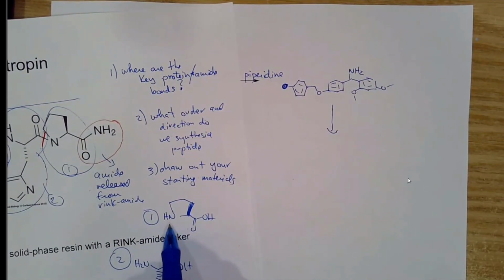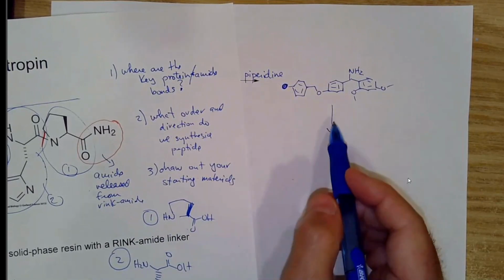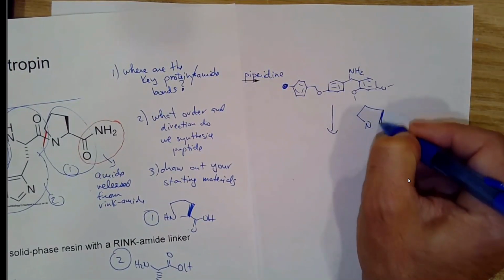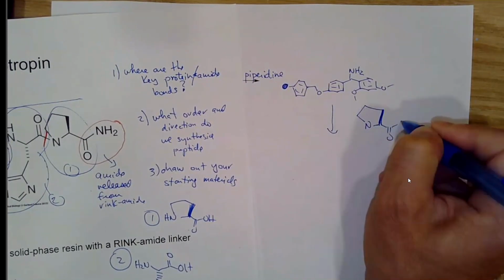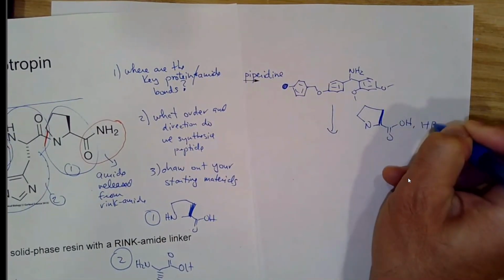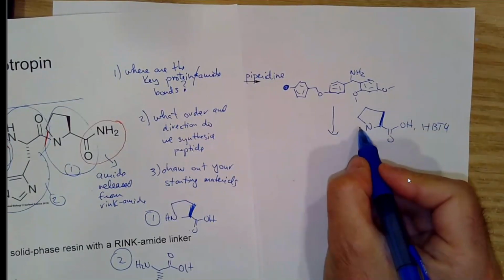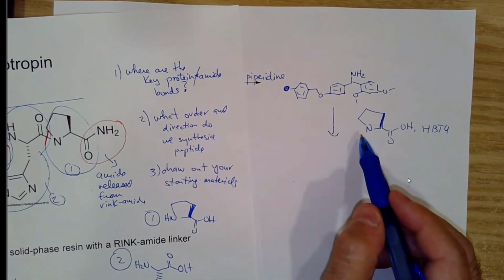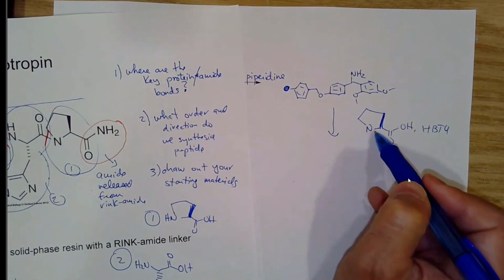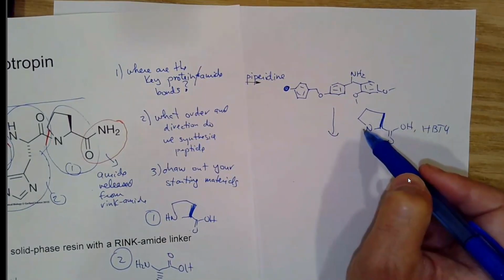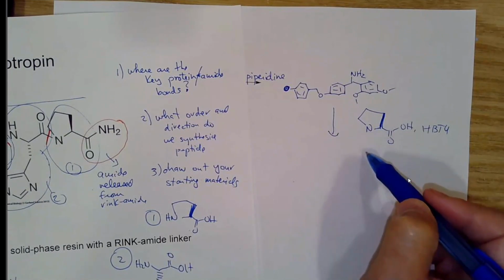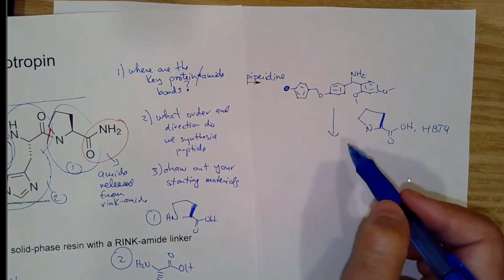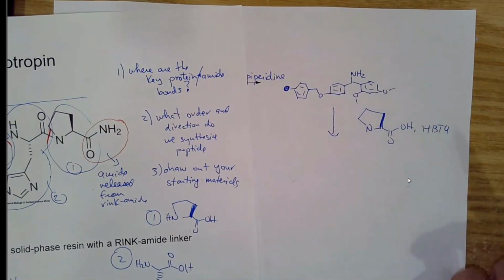Now, if we add proline to this mix with a coupling agent, what problem are we going to have if we simply take proline and couple this? The issue you're going to have is that this amine here can react with another molecule of proline, and then what you end up getting are potentially these proline polymers, which is undesired.